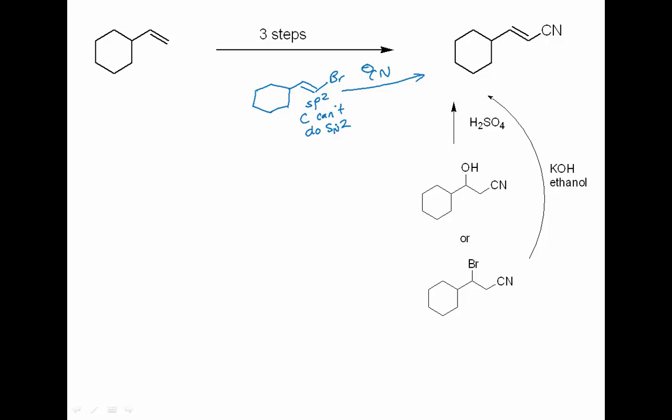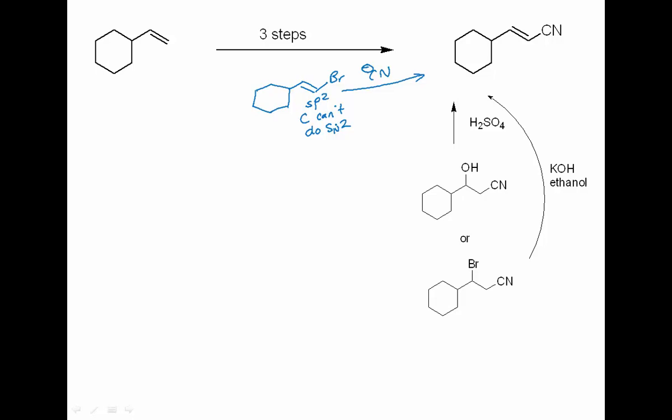And it'll go to this side over the other side. That's a more advanced concept that we'll get to in Chapter 10, but it would much prefer to have the pi system alignment between the alkene and the nitrile that you see there. That's something we'll discuss in the future.